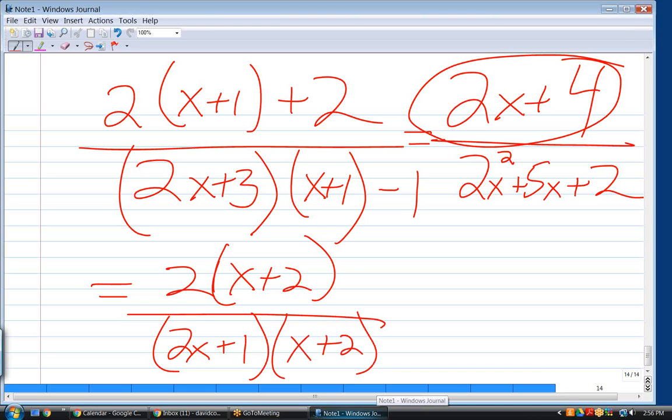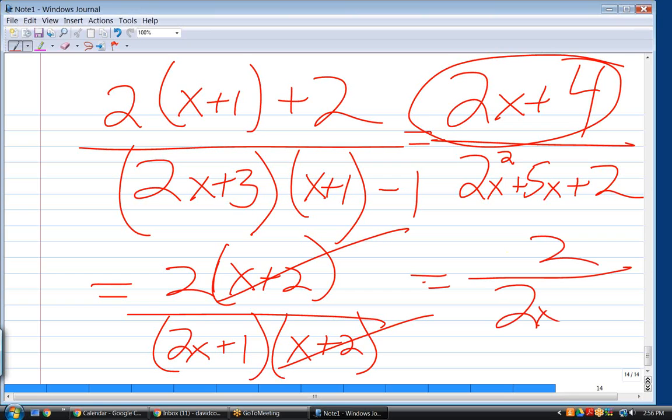Yes, that gives you the correct middle term. You with me? Yeah. Now I can cross off the x plus 2's, and I end up with 2 over 2x plus 1. There's my final answer, and I cannot simplify that. Right.